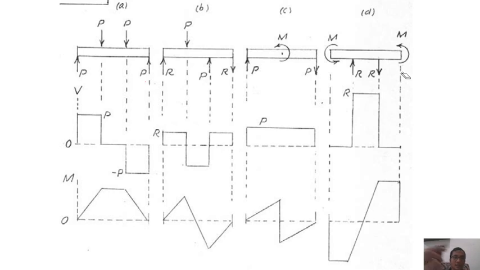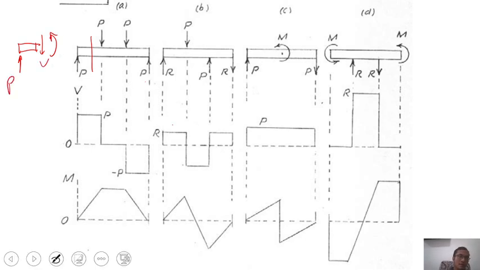If I cut it here, the results of my free body diagram will be like this, right? P going up, then shear force, then moment. Using sigma Fy equal to 0, my shear force will be equal to P.